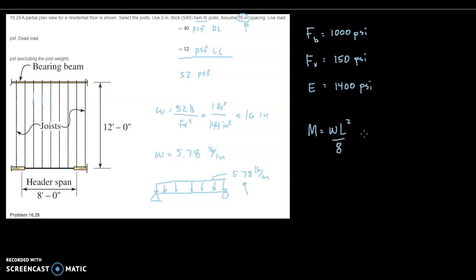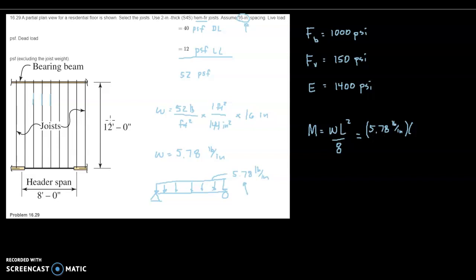Again, if you don't have that memorized, it can be found in Appendix H. But since it's the most common type of support and loading condition, I happen to have it memorized. So our W is 5.78, and I've got it in pounds per inch, which means my unit of length here also needs to be in inches.